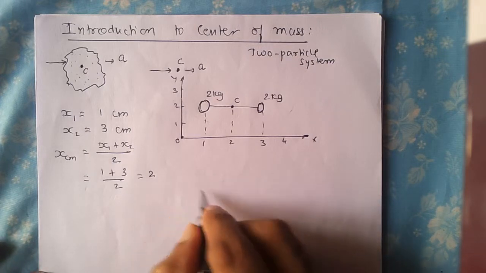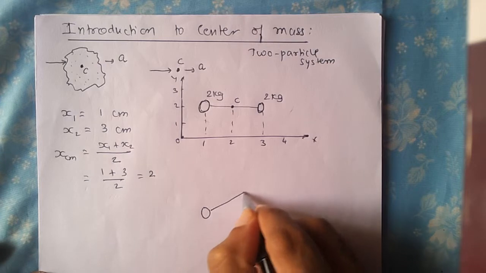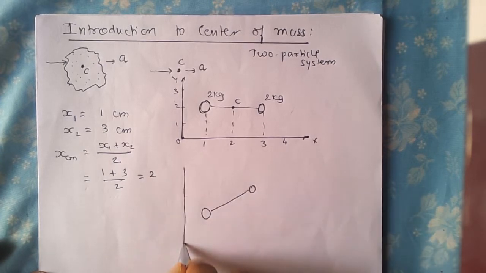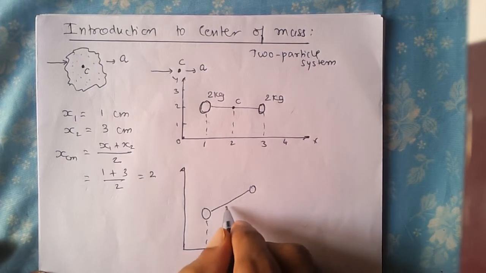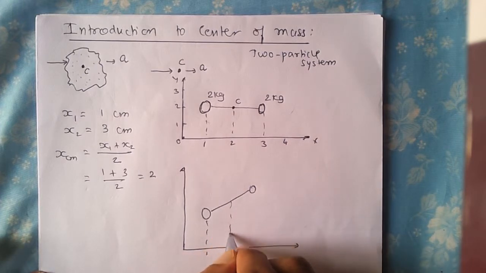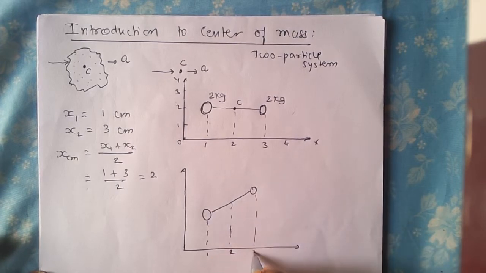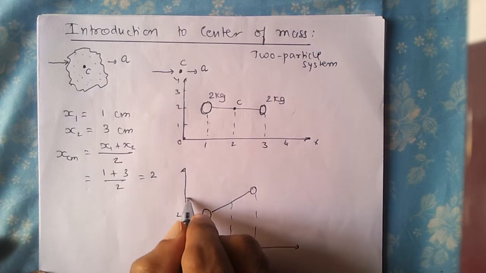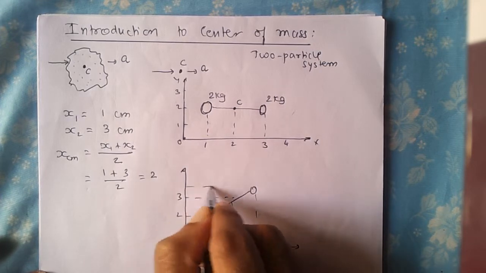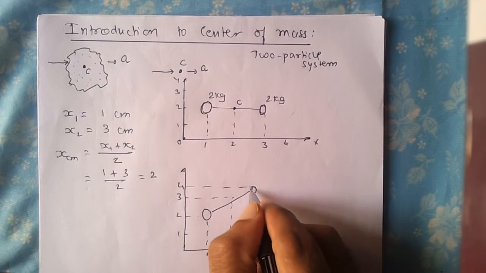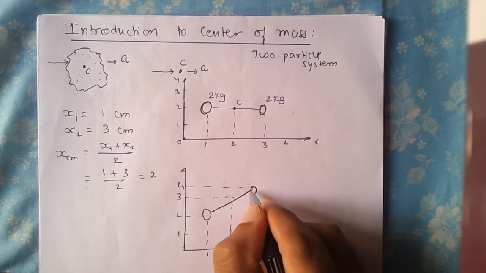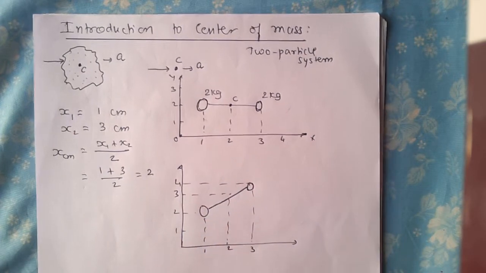So I'll again take the same two-particle system, and again I'll take the x and y axis, and let us say this is 1, 2, 3, and this is 1, 2, 3, and 4. The masses are 2 kilogram, but in this case the two-particle system is not parallel to the x-axis nor to the y-axis.